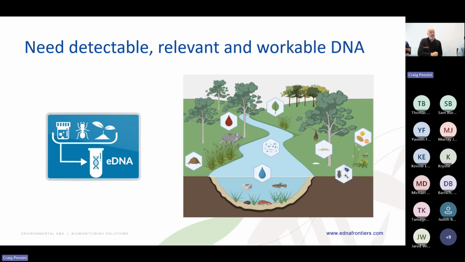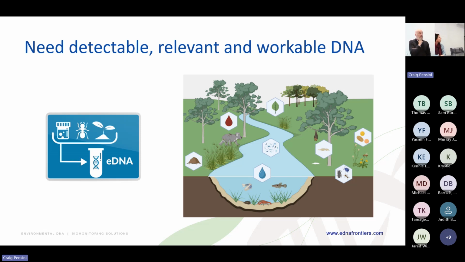The point that we're really getting at is how to get a useful DNA result. It needs to be detectable, it needs to be relevant, and it needs to be workable. So when you look at the environment, you need to consider how an animal interacts. And as Marina's already covered, depending on what you're looking at, you might look at different sample types.